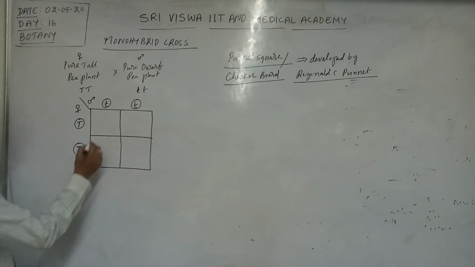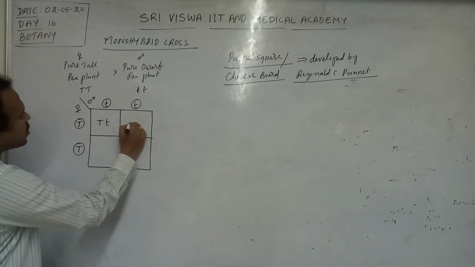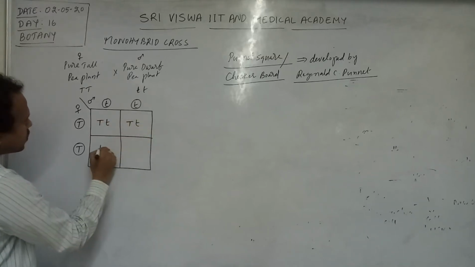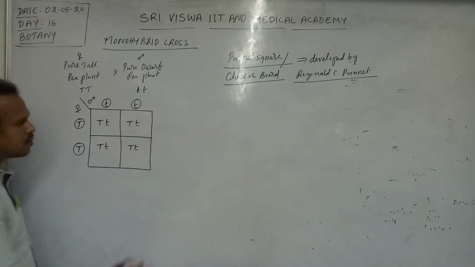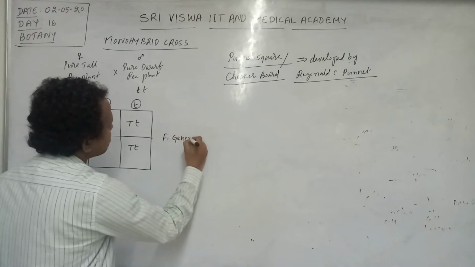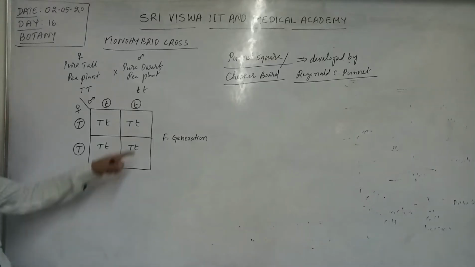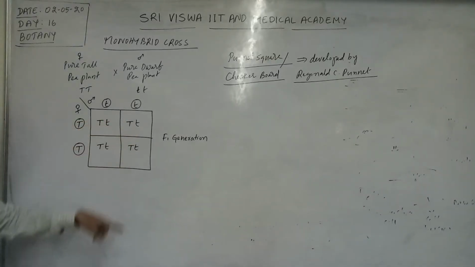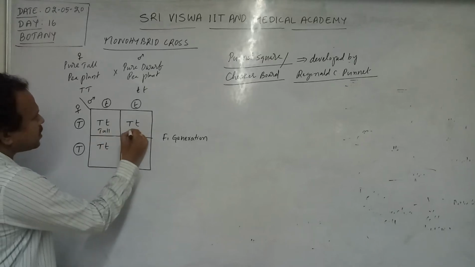Then consider here the possible types of genotypes. This one represents the F1 generation. All plants are with capital T small t. What is the phenotype of capital T small t?